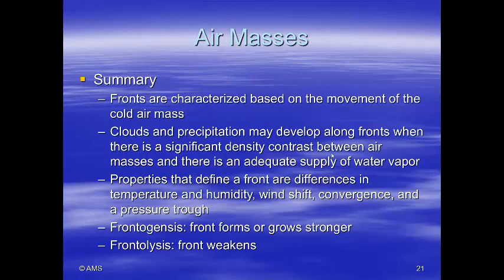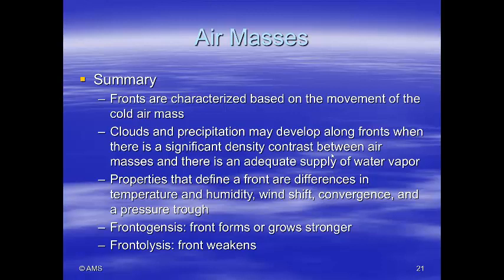So as a summary, fronts are characterized based on the movement of the cold air mass. With a cold front, cold air replaces the warm air. And with a warm front, warm air replaces the cold air. Clouds and precipitation may develop along the front when there is a significant density contrast between the air masses, and there is an adequate supply of water vapor.